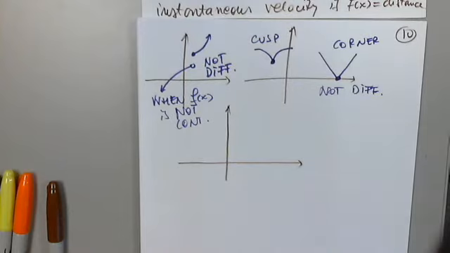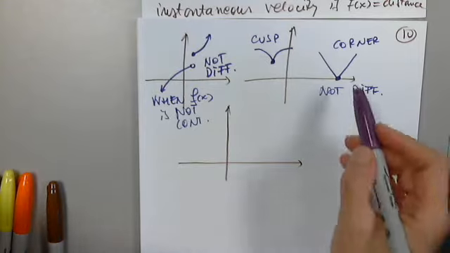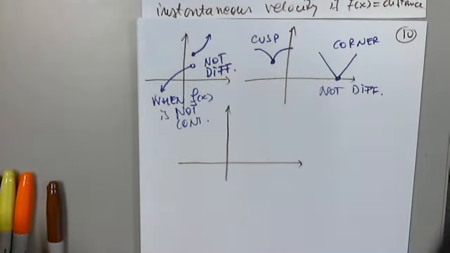So a function that has a cusp or a corner, like the absolute value. This is the absolute value of x. But move to the right: absolute value of x minus 5. It's not differentiable at 5, if this is 5, because it has a corner there. Same thing with the cusp.